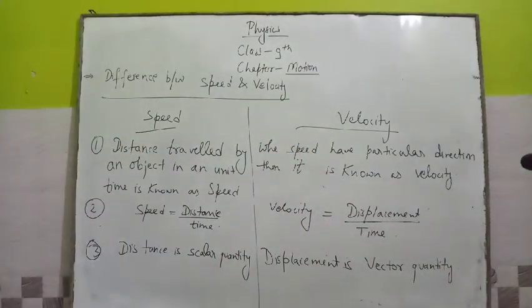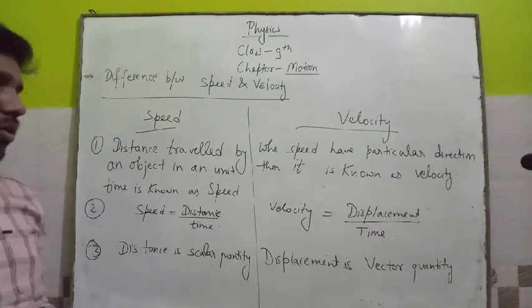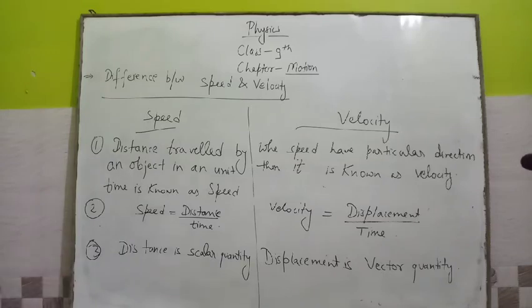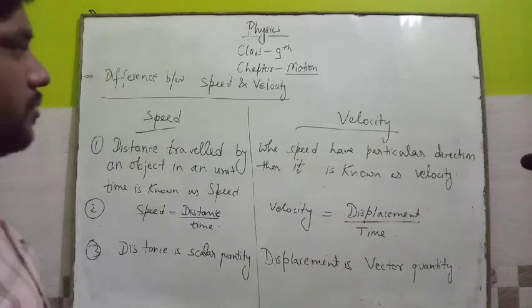Okay? Distance is a scalar quantity, displacement is a vector quantity. This is the difference between speed and velocity. Clear all of you? Okay, note it.